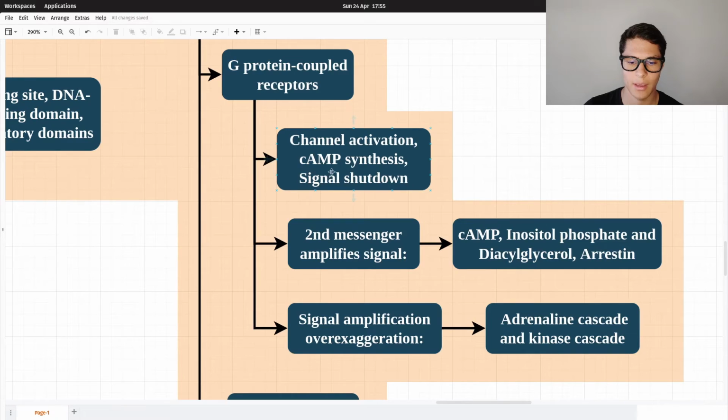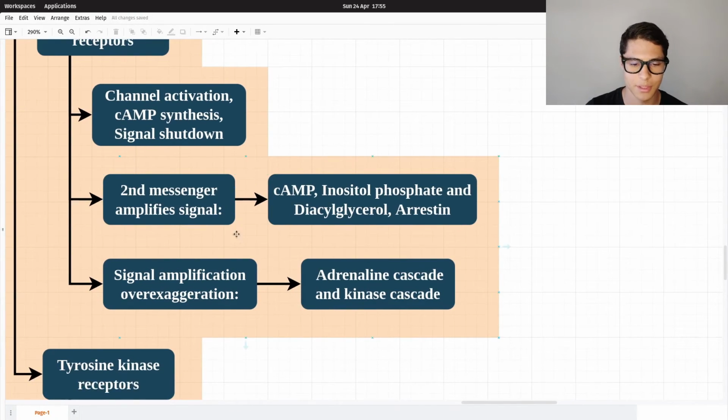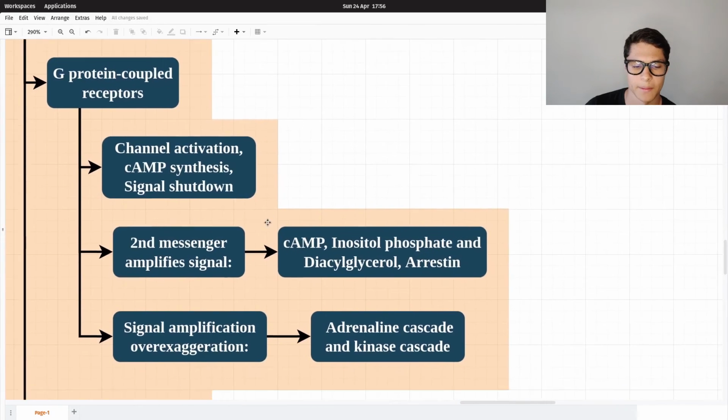The cyclic AMP works as a second messenger and amplifies the signal. A second messenger is what amplifies the signal inside the cell. So for example, it binds to the G protein, which is on the membrane, and then via the cyclic AMP the signal gets amplified to all the rest of the cell in the cytoplasm.